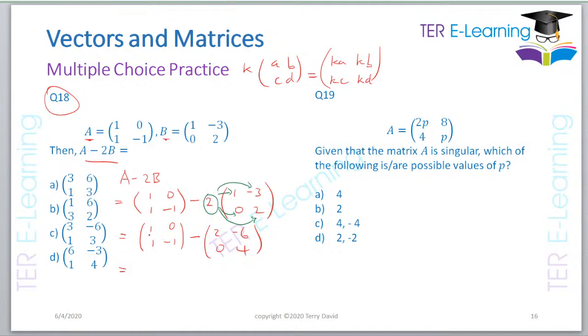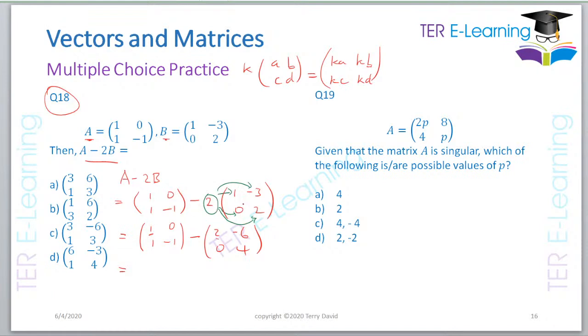So what we're going to do here, we're going to say 1 minus 2. Oh, there's a problem here as well.